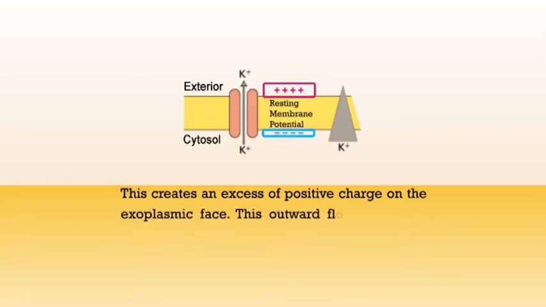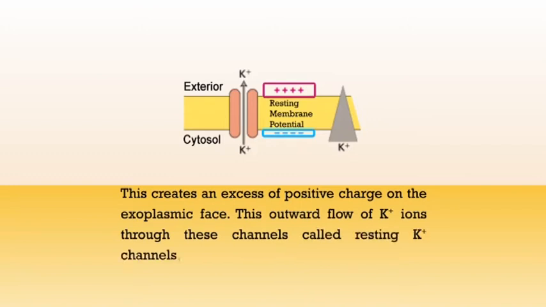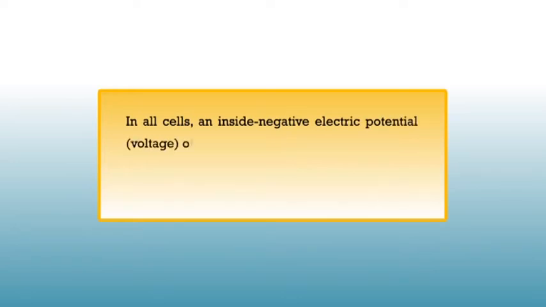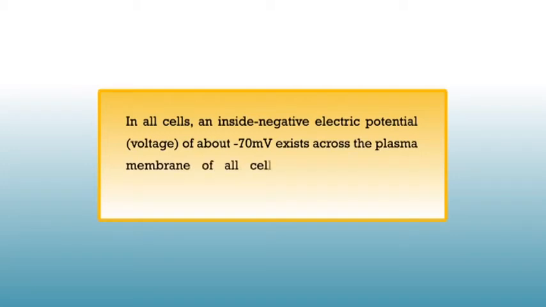This creates an excess of positive charge on the exoplasmic face. This outward flow of potassium ions through these channels, called resting potassium channels, is the major factor for the inside negative membrane potential. In all cells, an inside negative electric potential, or voltage of about 70 millivolts, exists across the plasma membrane of all cells. This is the resting membrane potential.